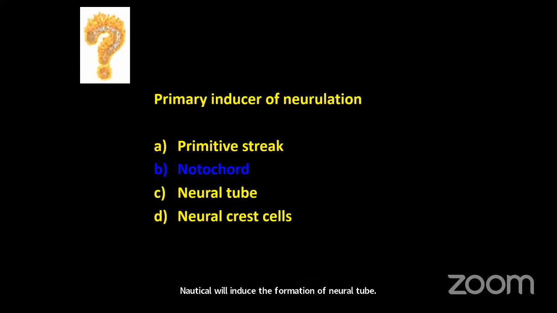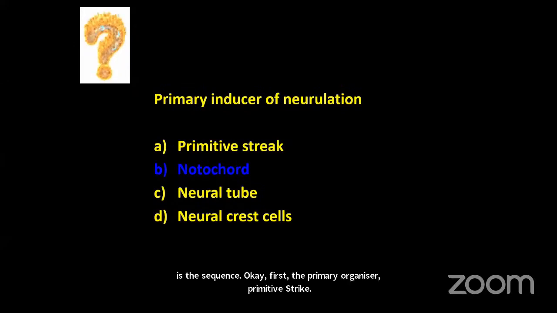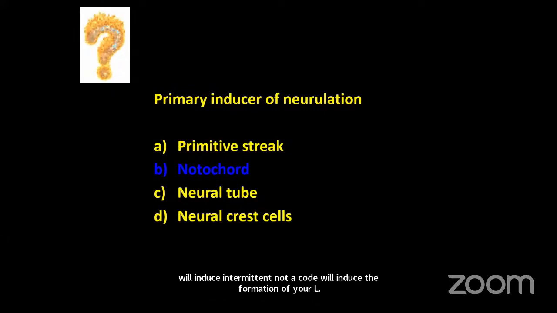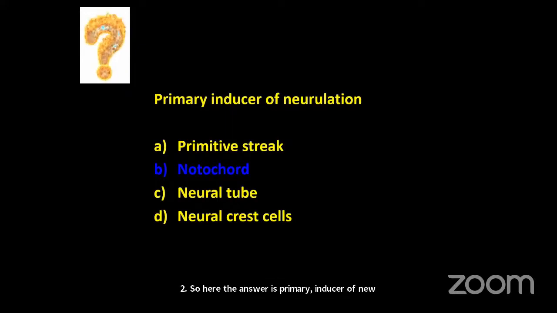First, the primary organizer, primitive streak. It will induce intraembryonic mesoderm and notochord. Notochord will induce the formation of neural tube. So here the answer is primary inducer of neurulation. It is the notochord. That is the sequence.